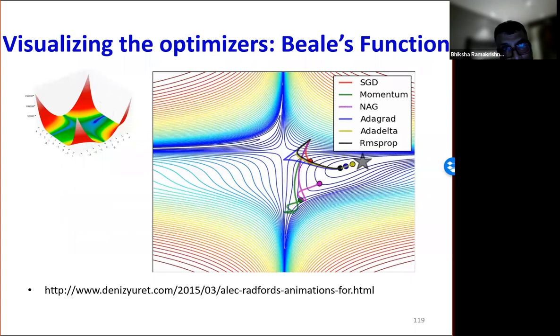So here are some nice examples from Alec Radford, which show how these things work. You can look at these plots and relate them to the behavior of these techniques. This is for Beale's function. The minimum is out here, and the initial point is out here. Observe that SGD, the red dot, is still taking its time while everybody else has finished. Momentum wanders off somewhere but eventually gets there, whereas Adam and its brothers get there really quickly.